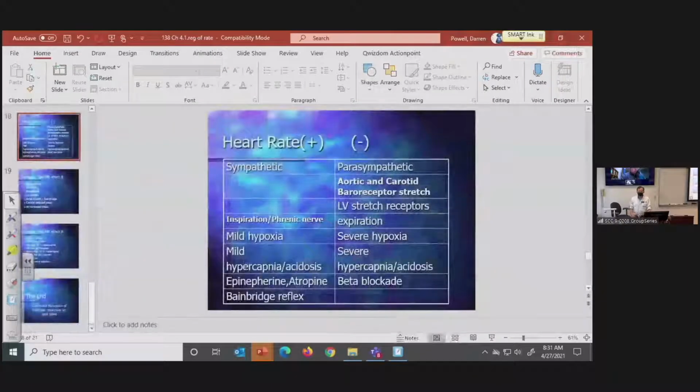So when you look at all of the things we're going to talk about today, we talk about things that are going to make your heart rate go up and things that are going to make your heart rate go down. And then on the next, I have it set into 2, one's rate and one's force, 2 presentations, but you'll get them as one on your modules. At any rate, that's a really good study page because that kind of tells you everything that's going to go on.